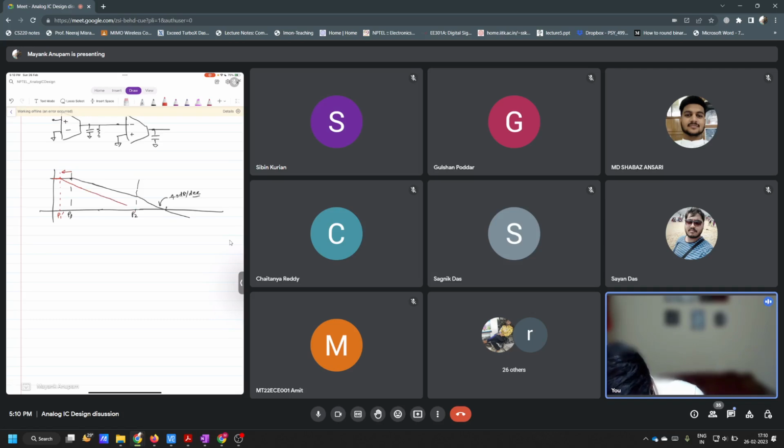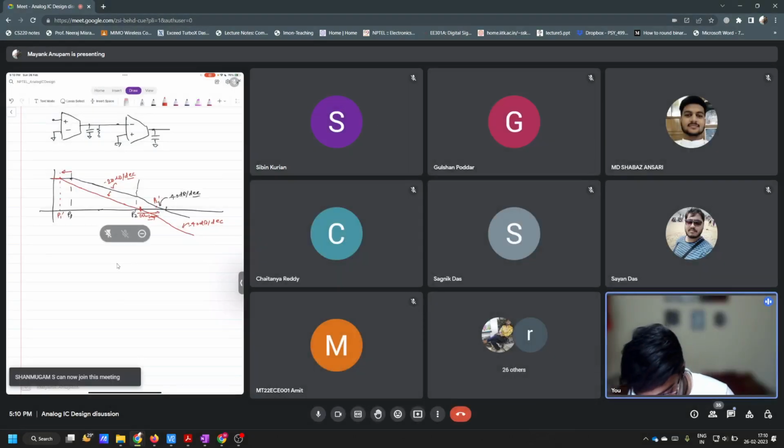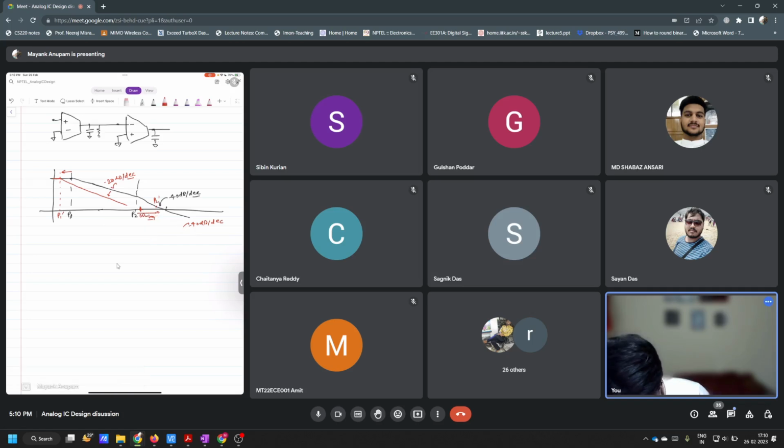And the P2 location was moved further apart. Let's say this is P2 prime, and after this it became minus 40 dB per decade, and here it is still minus 20 dB per decade, isn't it? So now this is the omega u loop, and around this UGB the system still has this minus 20 dB per decade slope, isn't it?